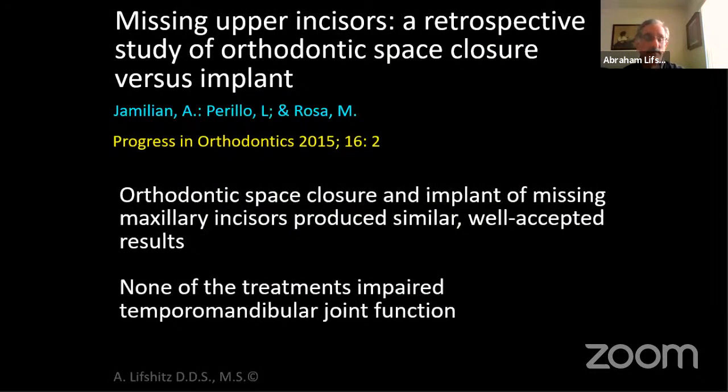Marco Rosa, Gemilian, and Leticia Perillo did a study on orthodontic space closure versus implant, and they stated that orthodontic space closure and implant of missing maxillary incisors produced similar, well-accepted results. None of the treatment impaired temporomandibular joints, so both groups didn't have any problems with TMJ function.